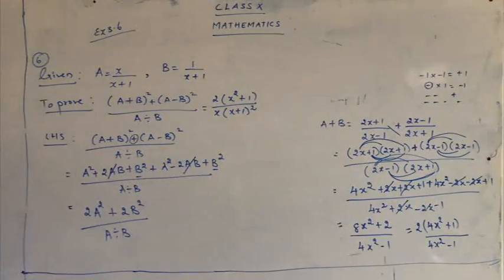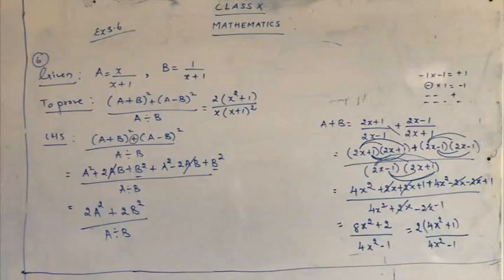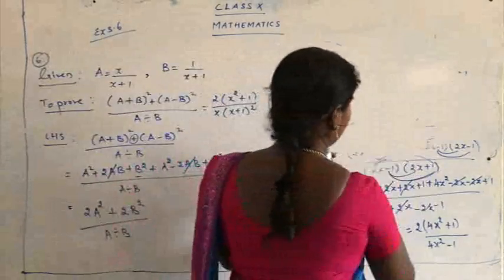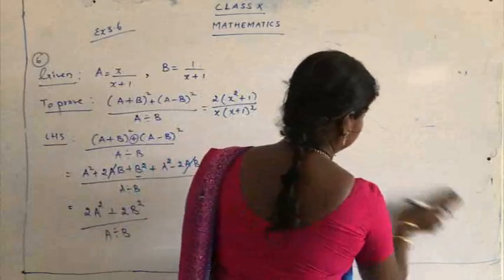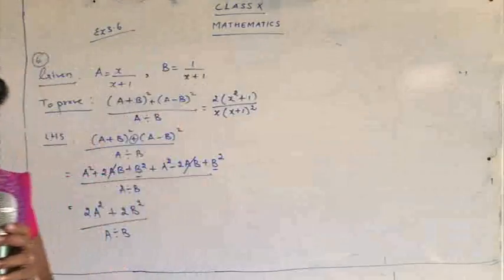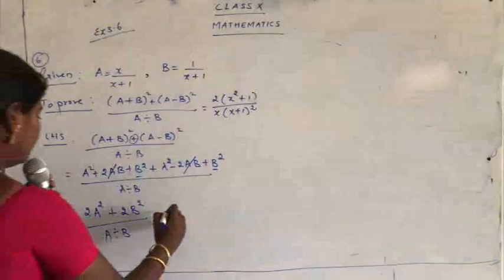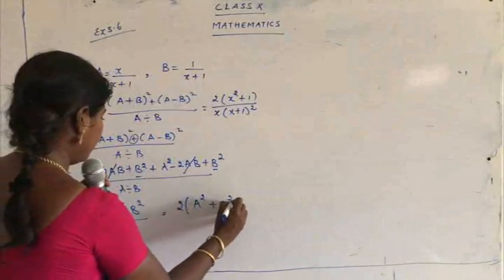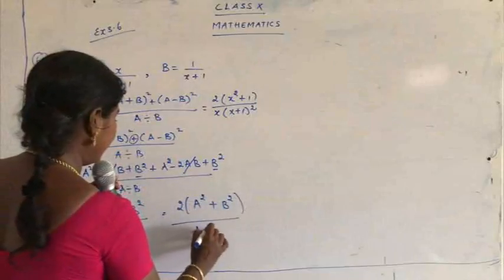So now what can be taken common in the numerator part? 2 can be taken common. Let's take 2 common out. So this is equal to 2 into (a square plus b square) upon a divided by b.